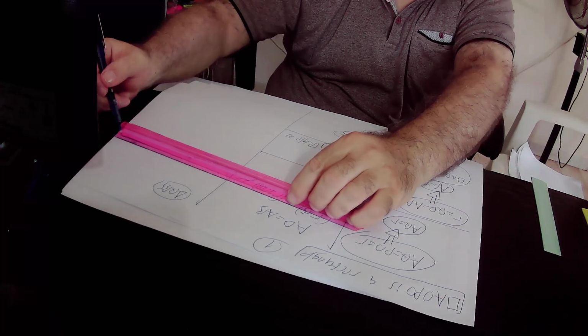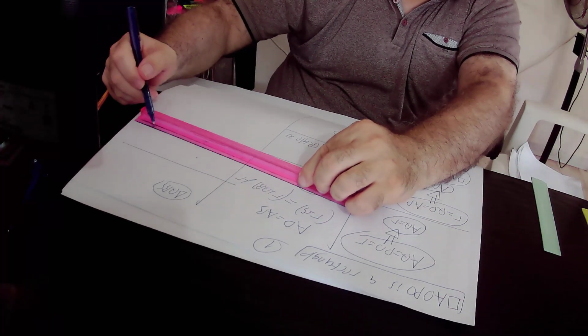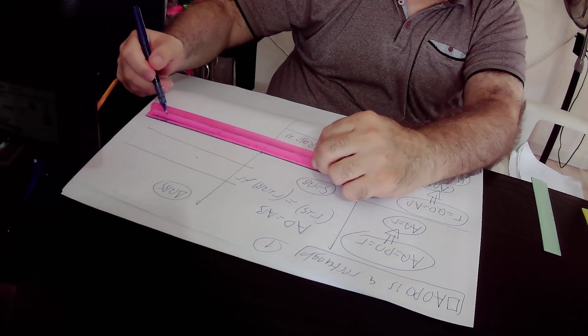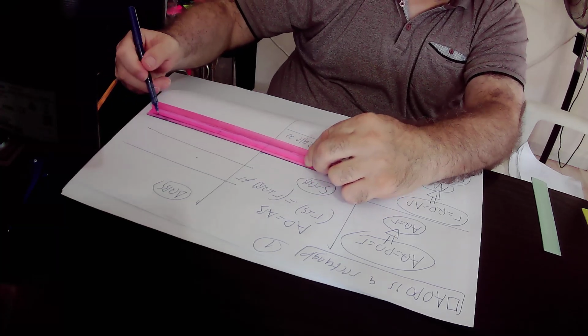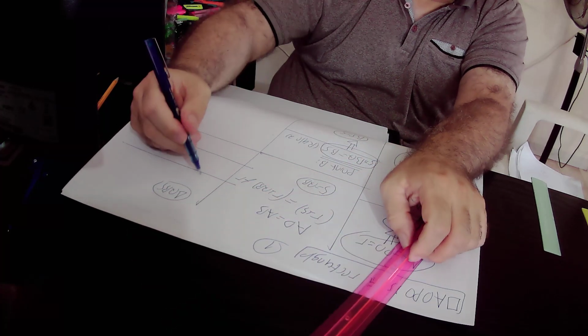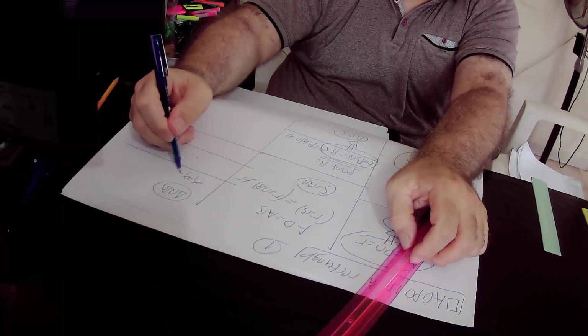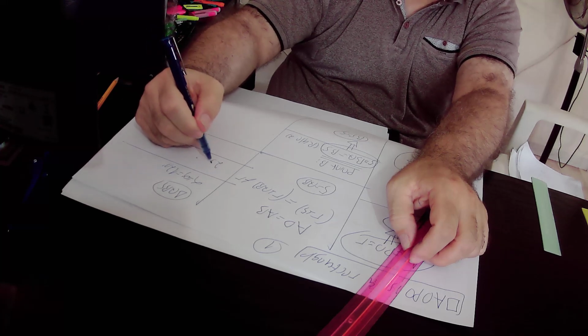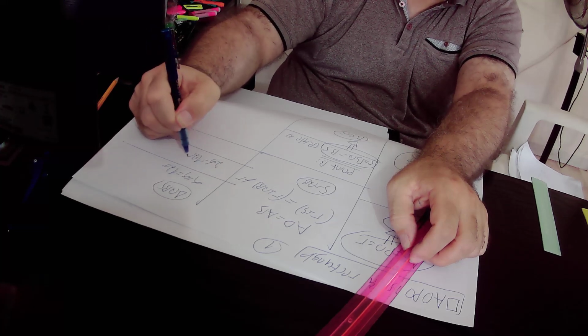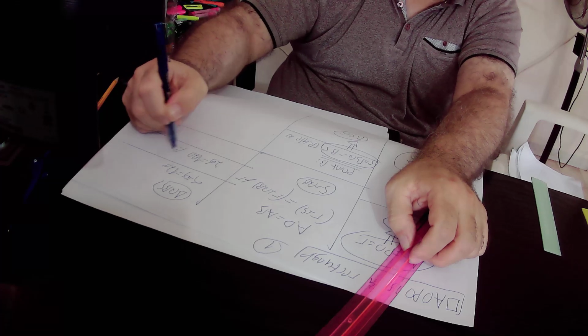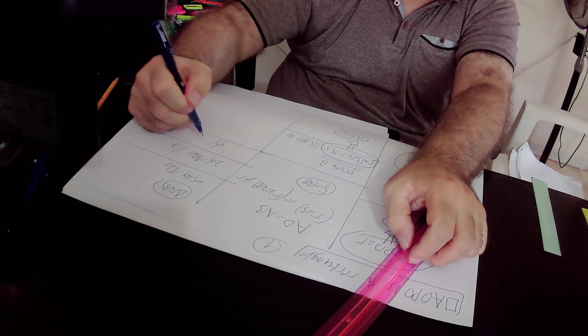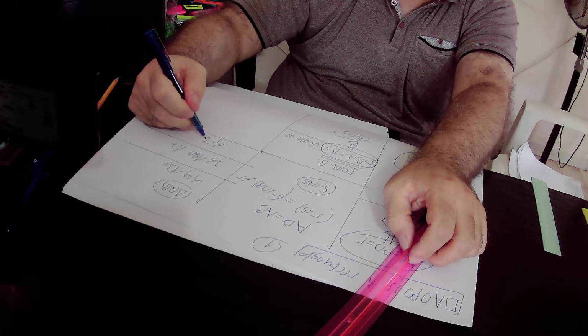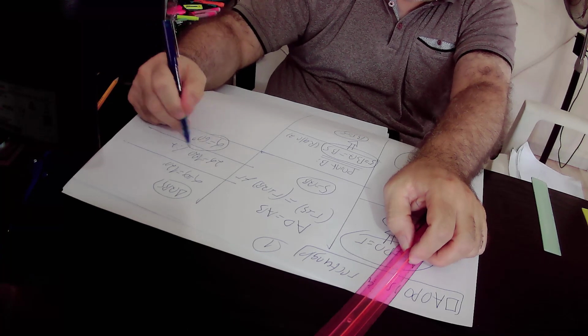Alpha plus alpha is 2 alpha, that is equal to 120 degrees. Here we divide this equation by 2 and we get that angle alpha equals 120 degrees over 2, it is equal to 60 degrees.